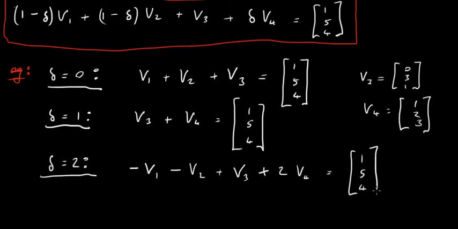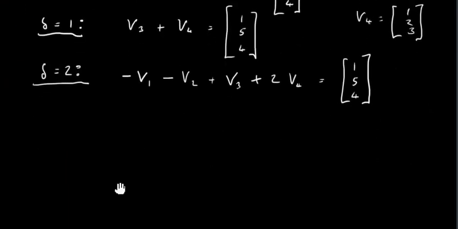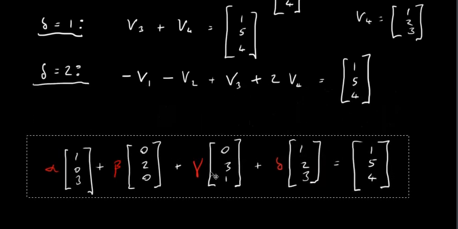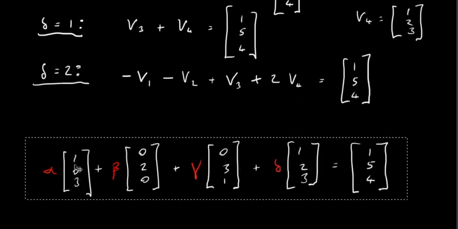Let's see, does that work? Well, our v1, let's see if I still have this. Can I paste it? Yep, I can. So this was my v1 here, so it's minus this here. So let's just do it. Minus 1, minus 0, that's just minus 1. Plus 0, that's fine. And then plus 2 of these, so it's minus 1 plus 2, which gives me 1.